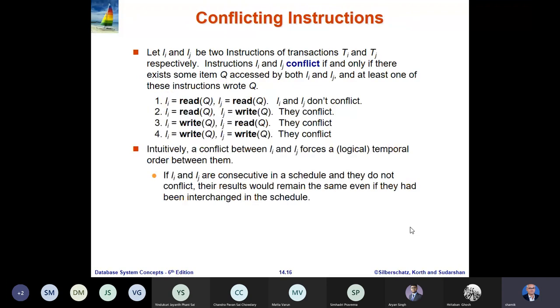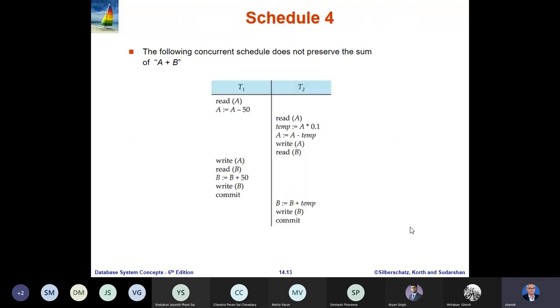Say we have two instructions Ii and Ij of two transactions Ti and Tj. An instruction is like read A, write A, those ones, not the actual changes, because they don't matter, as I said.